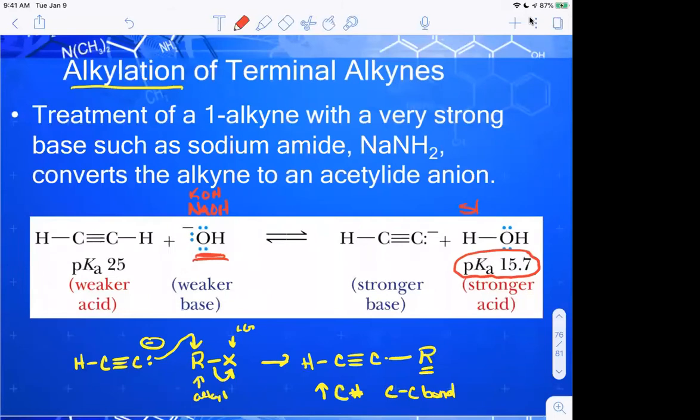So this is the stronger side. So my equilibrium is actually going to go in that direction. And I do not form this. I don't form this carbanion, this acetylide anion. So hydroxide doesn't work in order to make this acetylide anion. What I need is something really stronger like NaNH2.